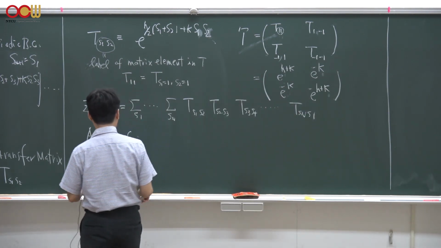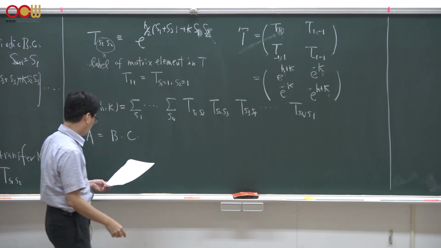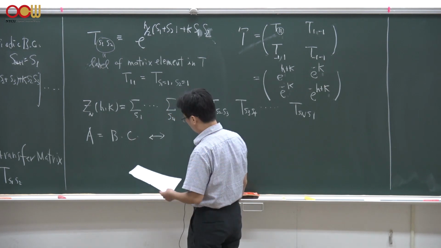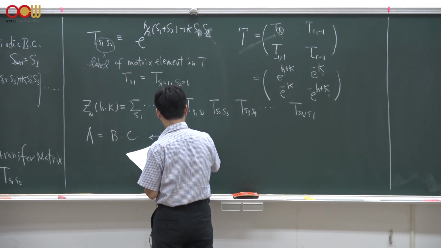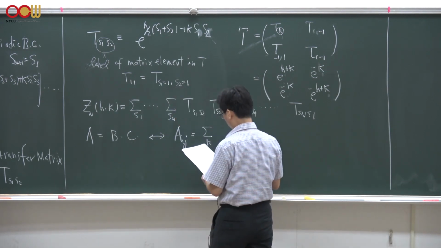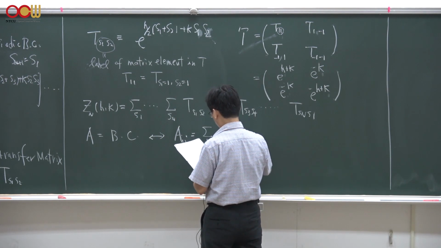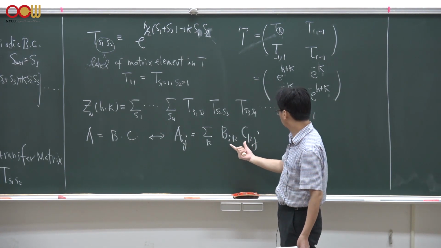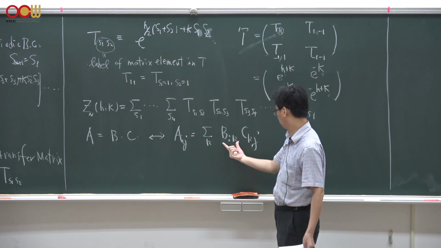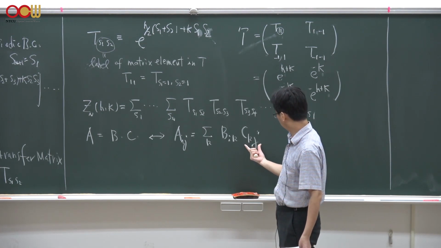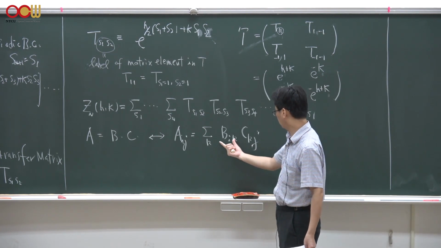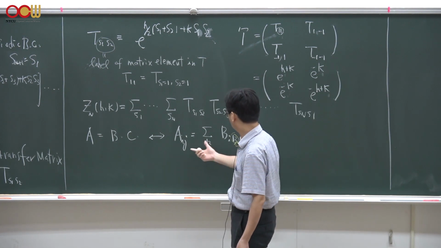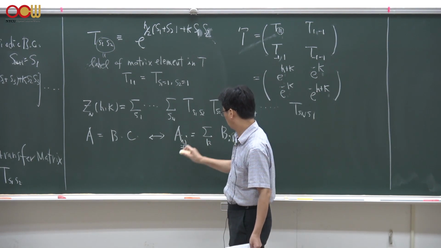we should remind ourselves of the definition of matrix multiplication. Suppose the matrix A is the product of matrices B and C, and we could write down the components of these matrices on both sides of the equation like this. Therefore, when we take the sum over k of matrix B with element ik multiplied by matrix C with element kj, summing over this intermediate index, this will be the matrix element of A for the element ij.